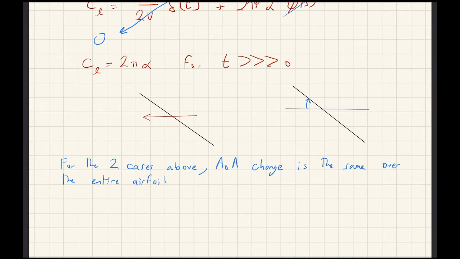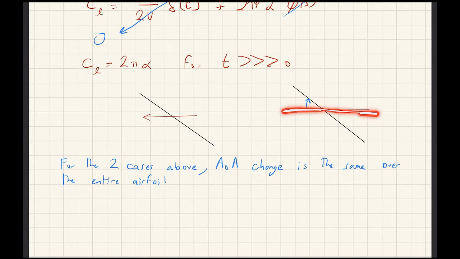For instance, if you have a wing that suddenly starts moving or suddenly experiences some free stream velocity, each point in this wing simultaneously experiences this change in the free stream.